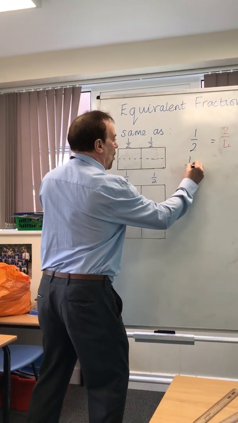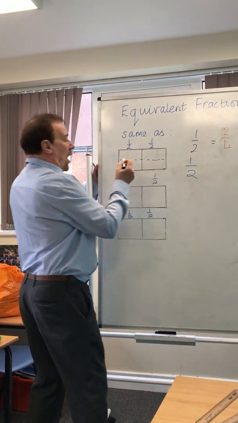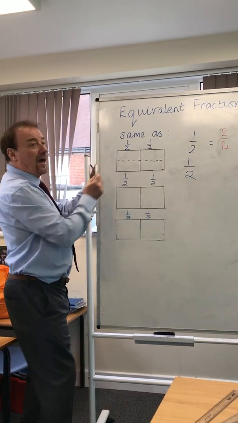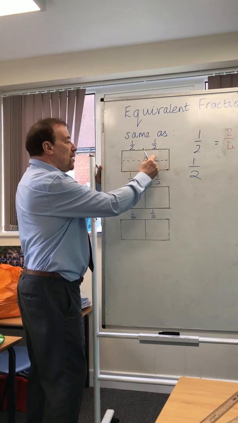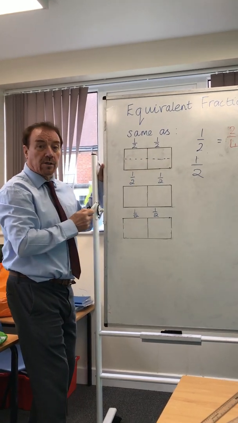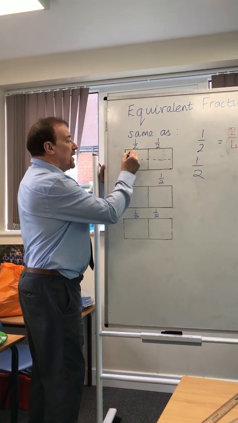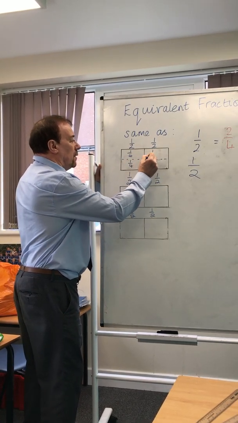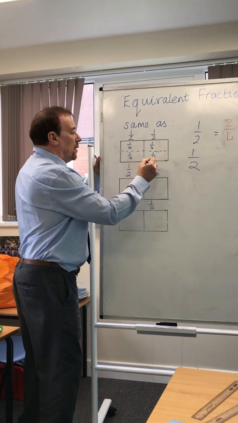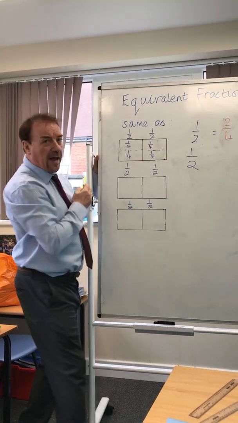So that 1/2, the whole is now worth how many parts? 1, 2, 3, 4 equal parts. So each one of those parts is worth 1/4. So what have I actually done?